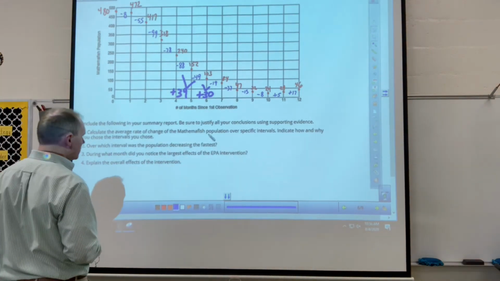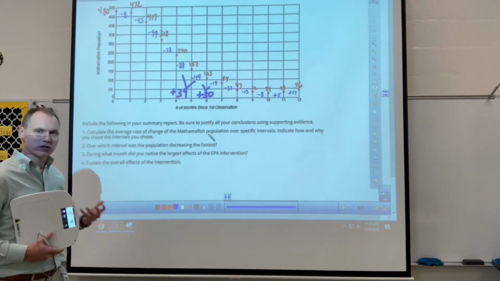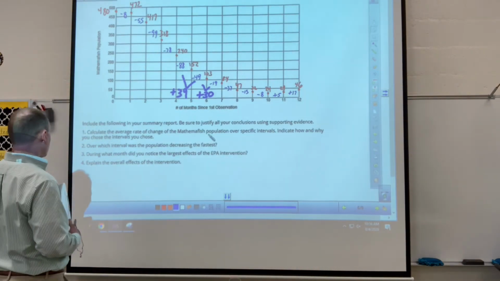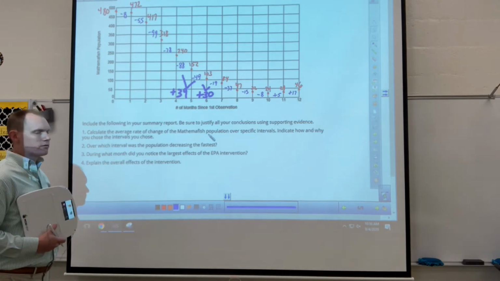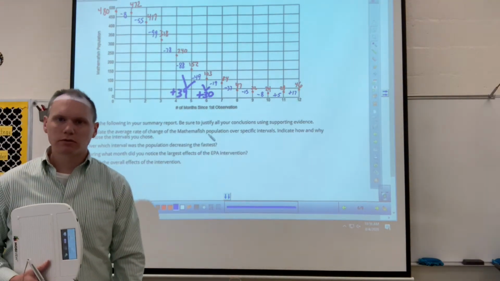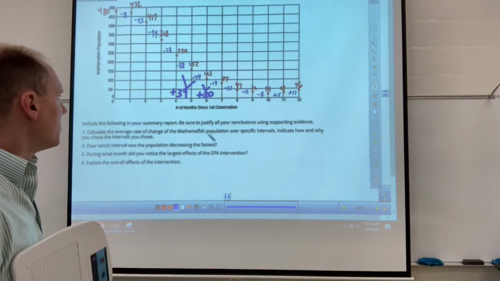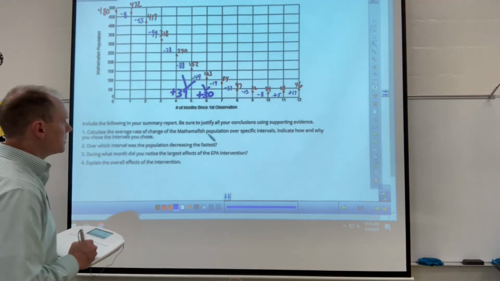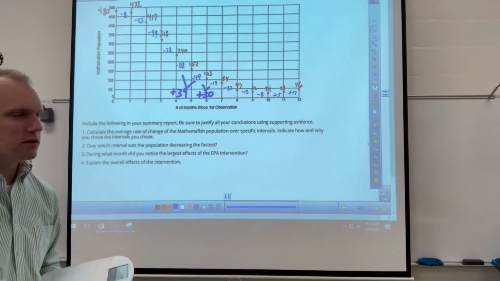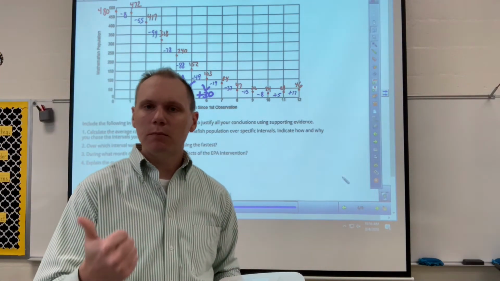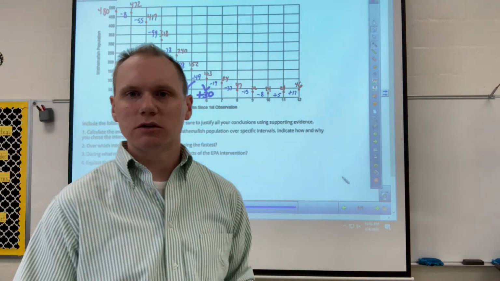So however you reason through it, however you justified your answer for that one, I'm sure it is fine. Number 4, explain the overall effects of the intervention. We kind of just did that, talking through how this impacts the population. But most important thing here is understanding the average rate of change, and that we can calculate average rate of change by calculating the change in population divided by the change in time.